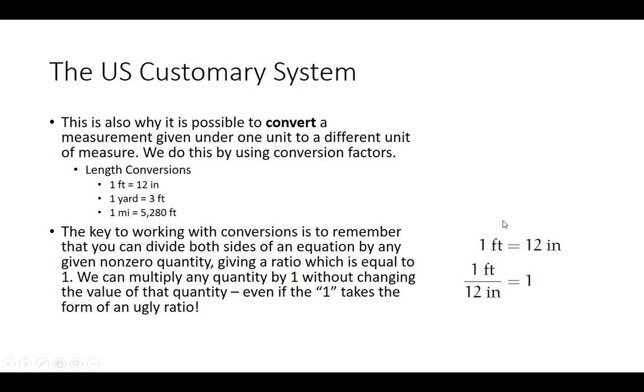For example, we know that 3 over 3 equals 1, or x over x equals 1, or giraffe over giraffe equals 1. Since 1 foot equals 12 inches, and 1 foot and 12 inches are equal to each other, that means they are in effect the exact same thing. So 1 foot over 12 inches would also equal 1.